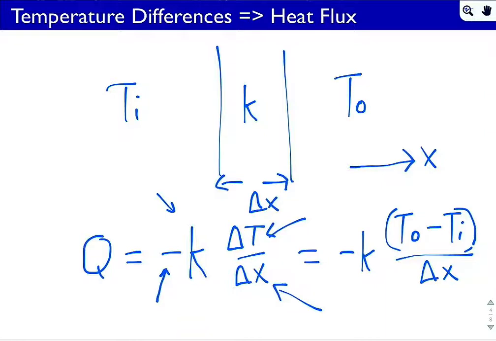The heat is moving against the X direction, counter to the X direction. If the inside temperature is warmer than the outside, then we have a positive Q, and the heat is moving from left to right in the sense of positive X. So that is where that minus sign comes from.